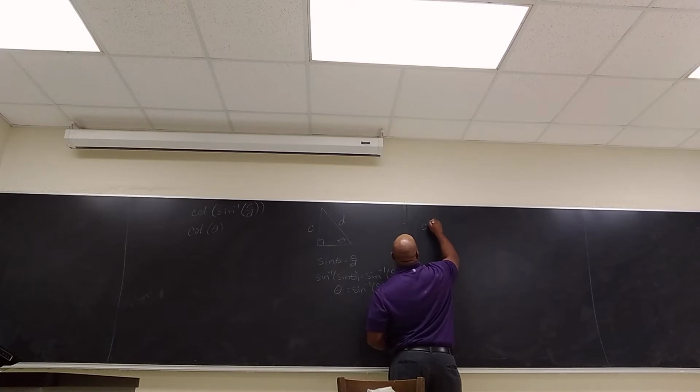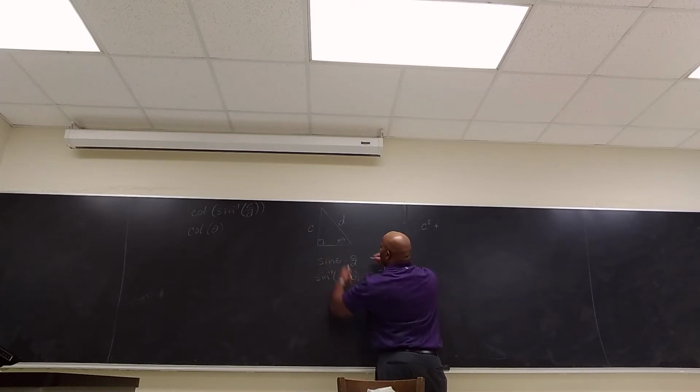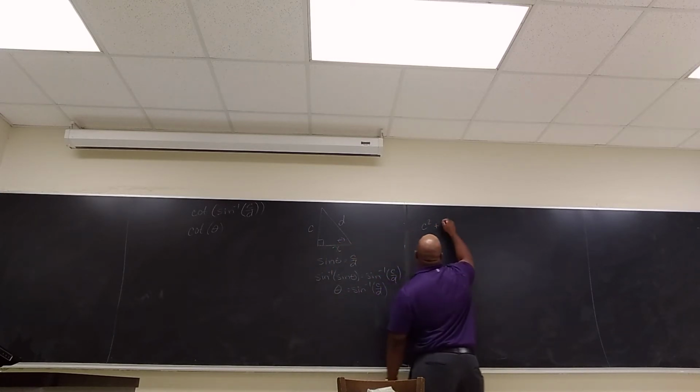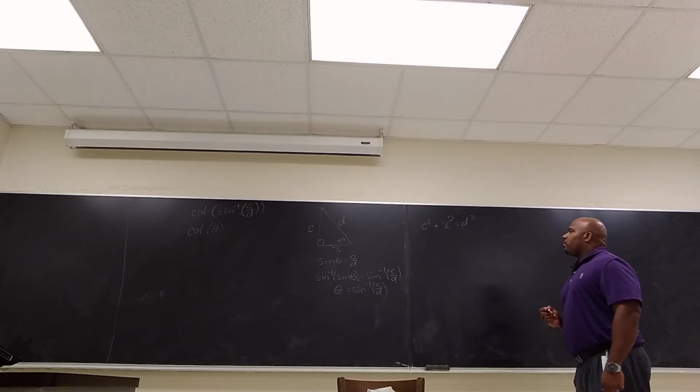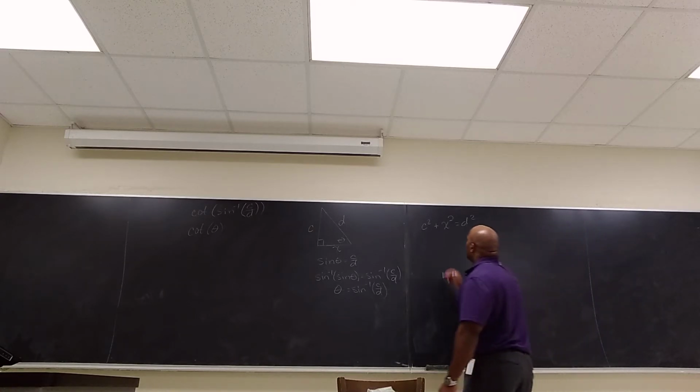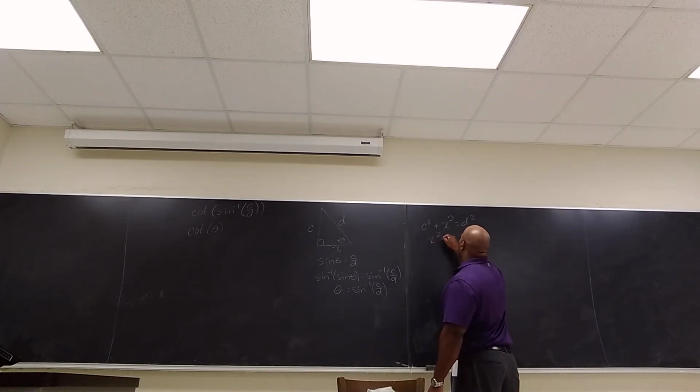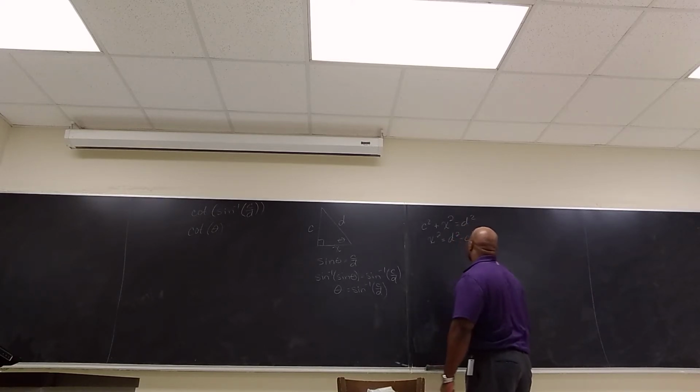So I got c squared plus, let's call this x right now, x squared equals d squared. And I have to figure out what that x is. So the first thing I'm going to do is subtract c squared from both sides and have d squared minus c squared.